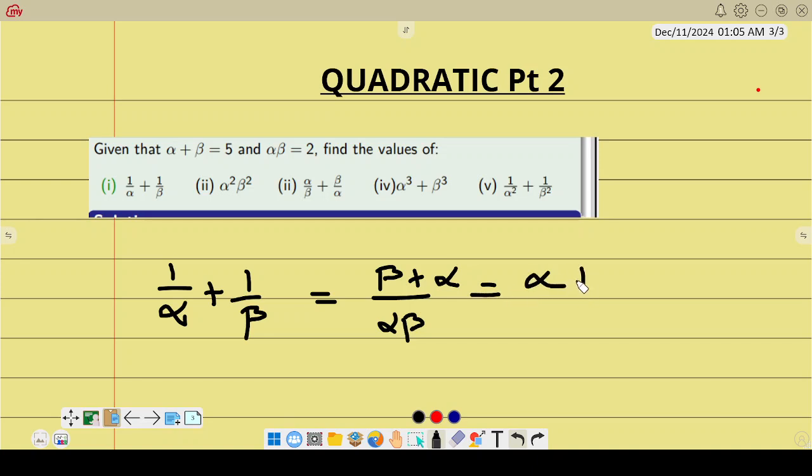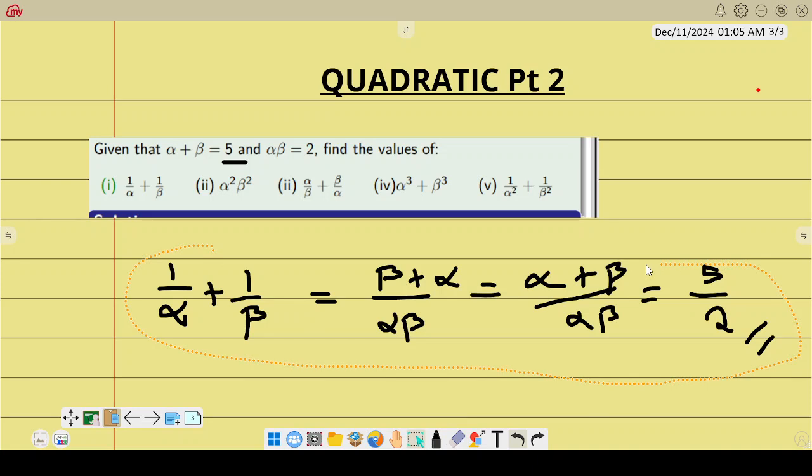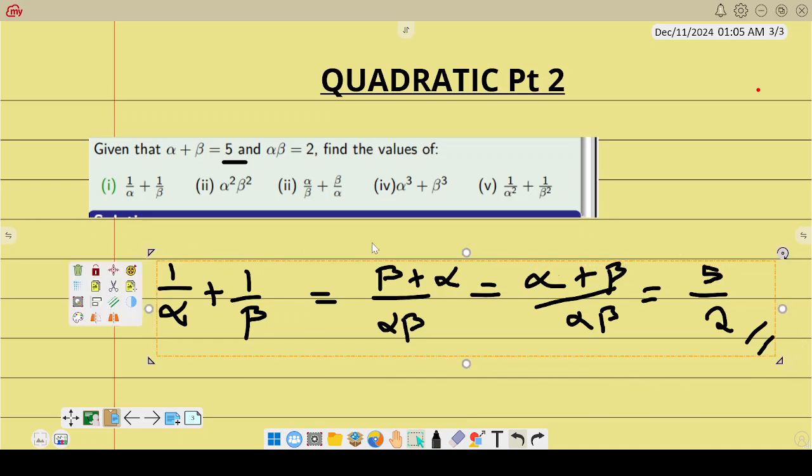So here we can rewrite it as alpha plus beta over alpha beta. So we're going to have, what is alpha plus beta? It's 5. And then what is alpha beta? 2. So we can simplify further. We are done. And then we quickly proceed.